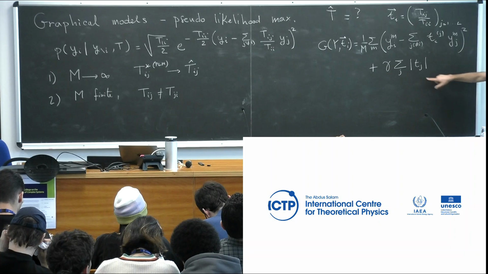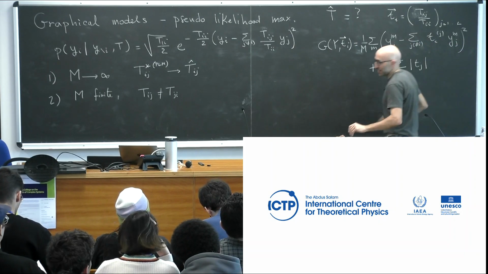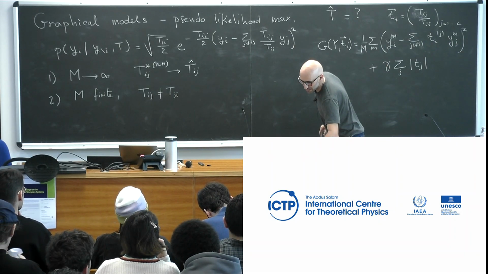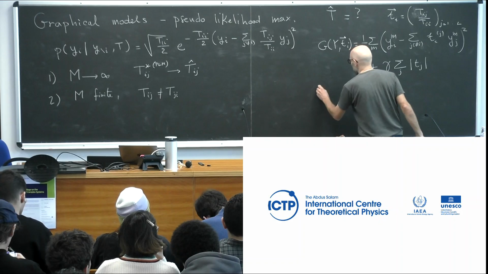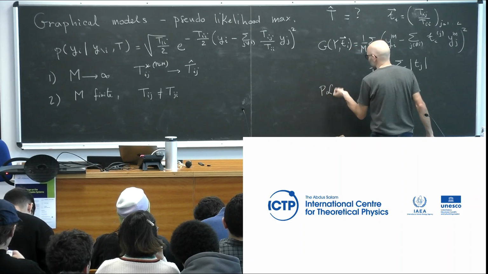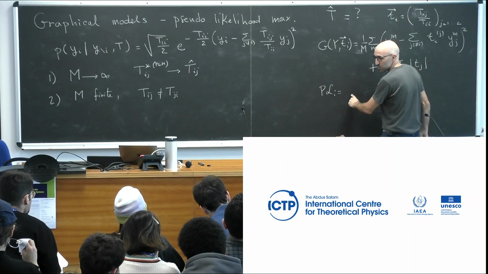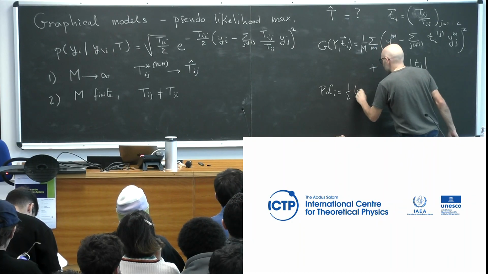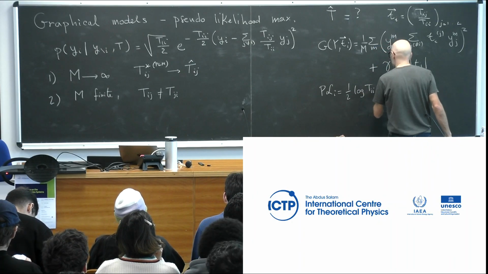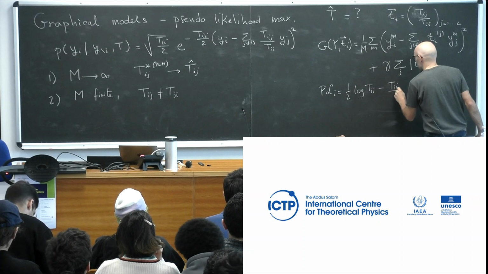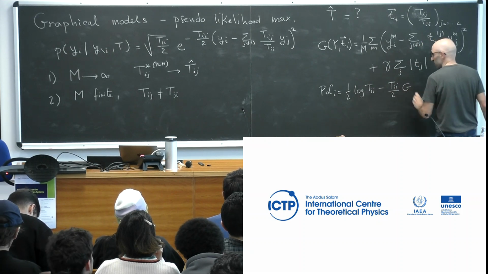The penalty is with the plus sign because I erased it, but the pseudo-likelihood of the i element was equal to 1/2 log T minus T over 2 times G.